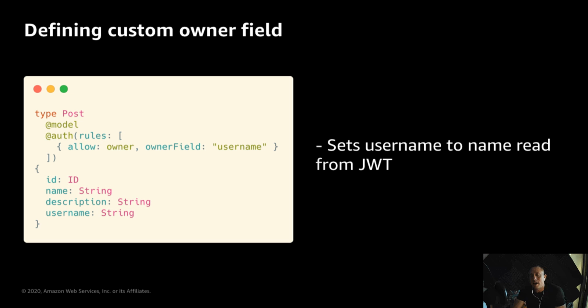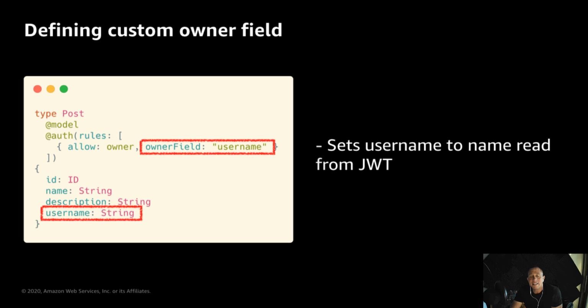Another one is when we're using identity, we might want to specify the identity. So by default, when we say allow owner, we're going to set the owner field as owner. But let's say we wanted to specify that owner field as something like username. We could do that by mapping the owner field string to a field that's already set on your post type. And then by default, this needs to be set as nullable, because when you create the item, you're not passing in this username.